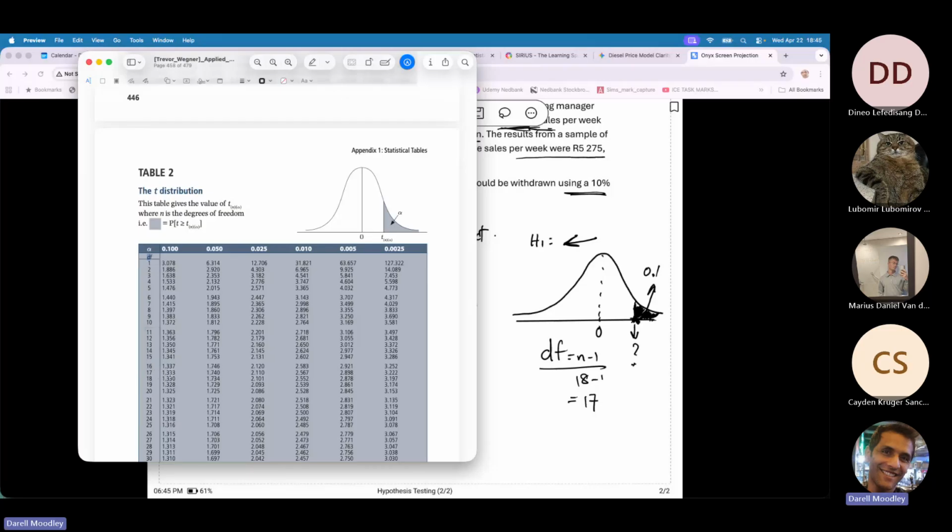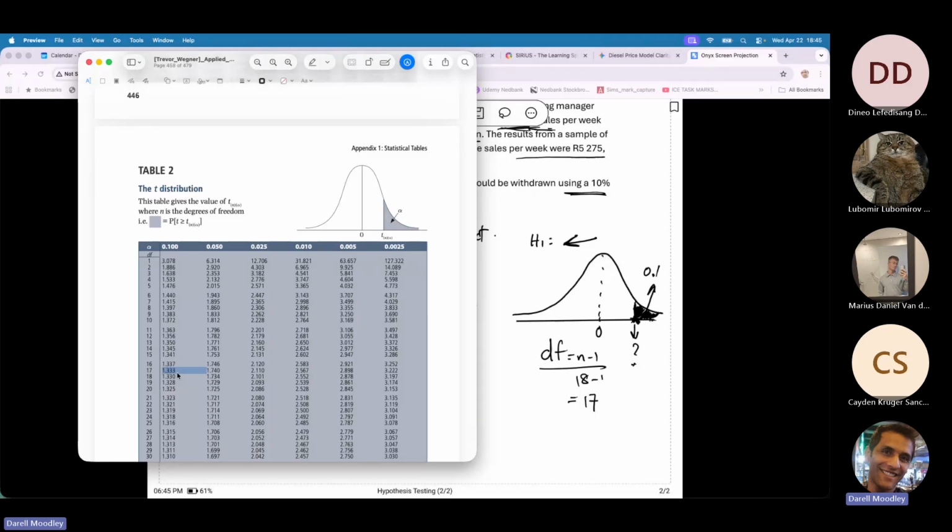And remember what we said our alpha is? Our alpha is 0.1. So for degrees of freedom of 17, that T value is 1.333. So in other words, the value here is 1.333. That's how you use the table.